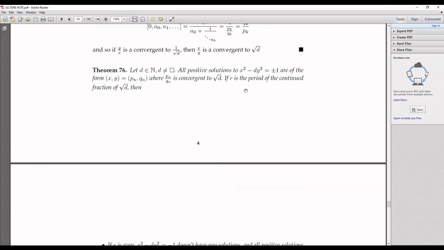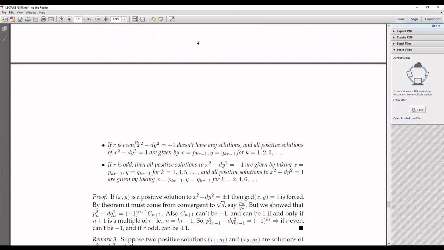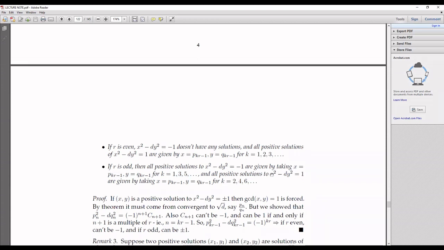And if R is the period of the continued fraction of root d, then for even R, this equation does not have any solutions for the negative right hand side, but if the right hand side is +1, then it has infinitely many solutions, which are of the form pkr minus 1, qkr minus 1 for every value of k. And if R is odd, then all the positive solutions of this are given by the same expressions, but for odd values of k only, 1, 3, 5. And if you choose the even values of k, you will get the solution for the case where the right hand side is +1 instead of -1.